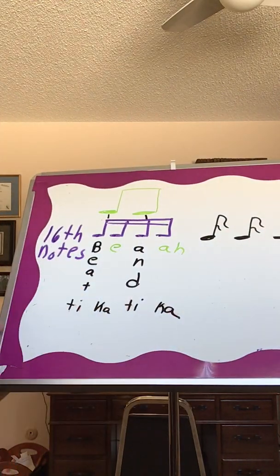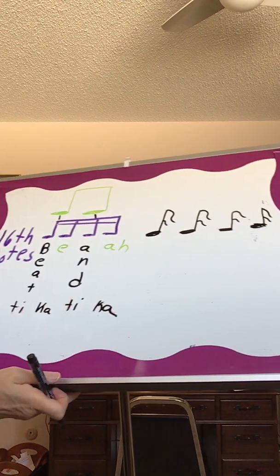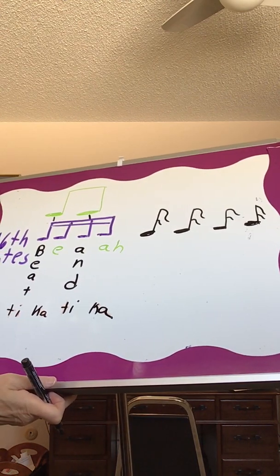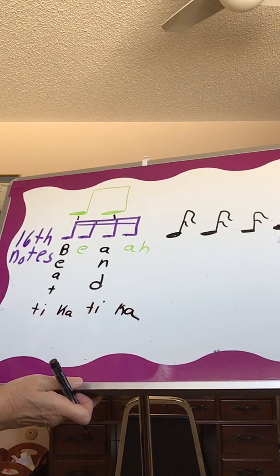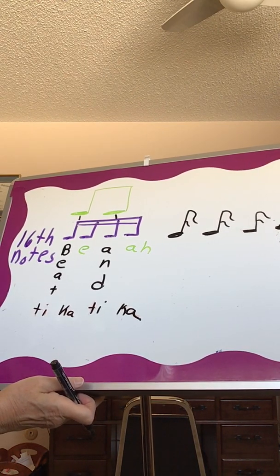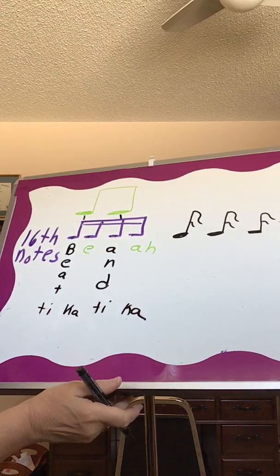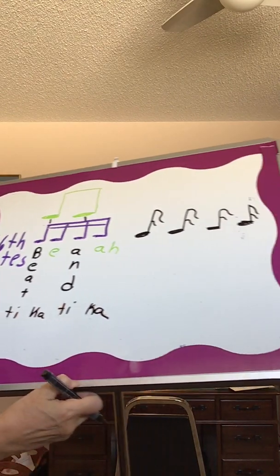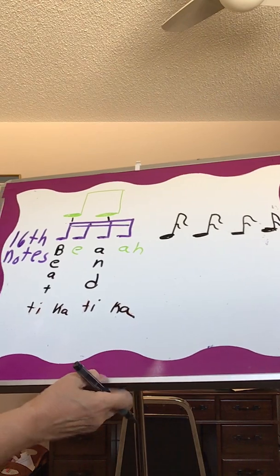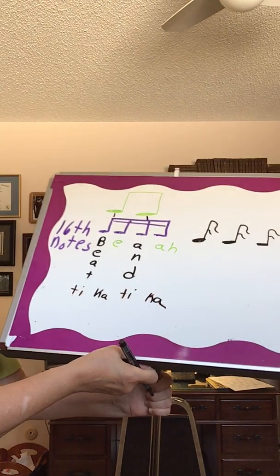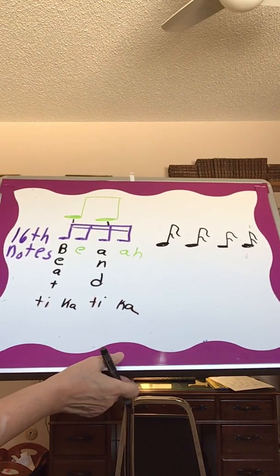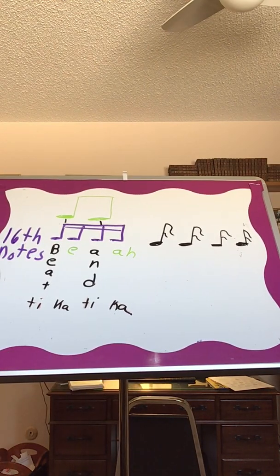Because your eighth notes had one flag that fell down, and now the 16th notes, when you cut it, it's going to fall down to 2 flags. Can you see that? Maybe I'll move this back just a little bit. Forward, back. Okay. There you go. Okay, so I'm going to give you a minute to write that.